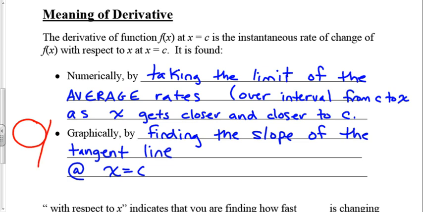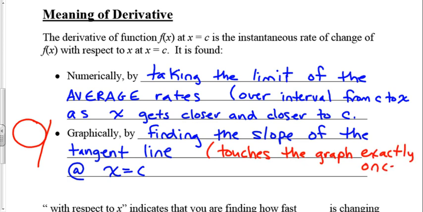It was right there on the edge. And that's what our tangent line does to our function. It touches the function, or the graph of the function, exactly one time. So a tangent line from geometry with circles is the same as the tangent line in calculus class.